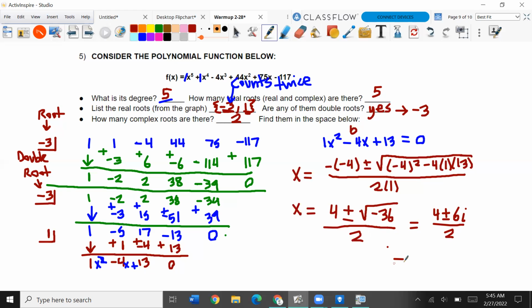So that's going to end up being 2 plus or minus 3i. So these are your complex roots. Together with your real roots, the double root at -3 and 1, that gives you 5 total roots. All right, the next video we'll go over example 6.